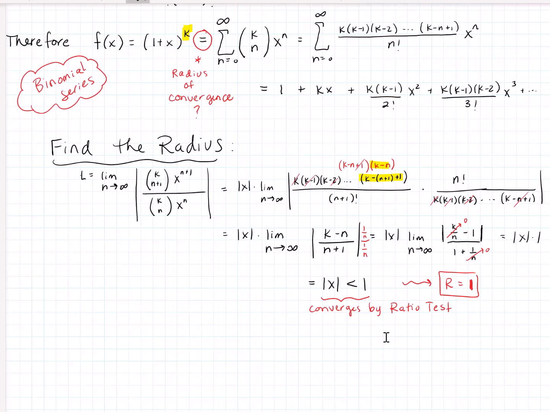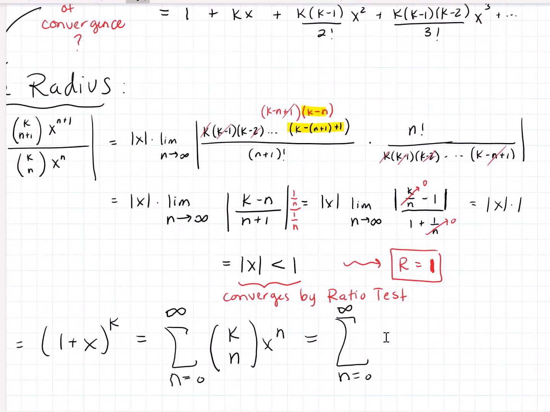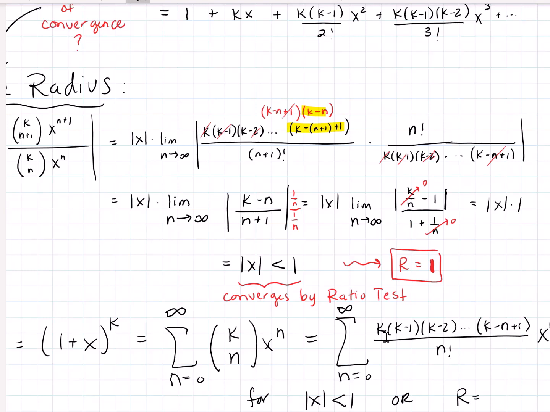So this function, f of x equaling 1 plus x to the k for any real number k, doesn't matter what k is, is actually equal to the power series from n equals 0 to infinity of, the coefficients are going to be k choose n, x to the n, and that k choose n by definition is actually, so this is n equals 0 to infinity of k times k minus 1 times k minus 2 out to k minus n plus 1 over n factorial times x to the n, for the absolute value of x less than 1, or another way of saying that, with a radius of convergence equal to 1.